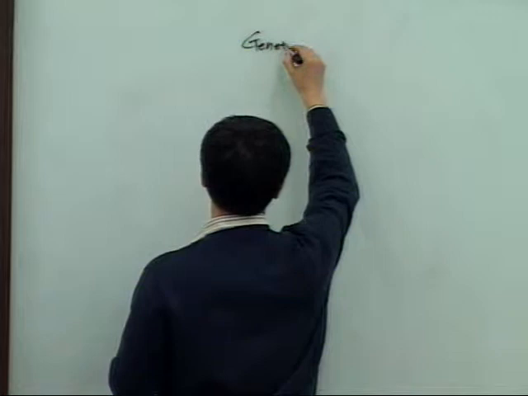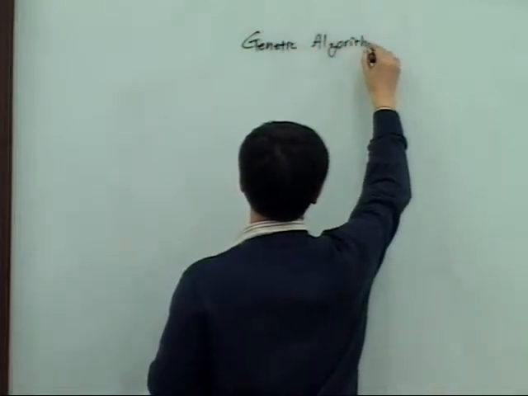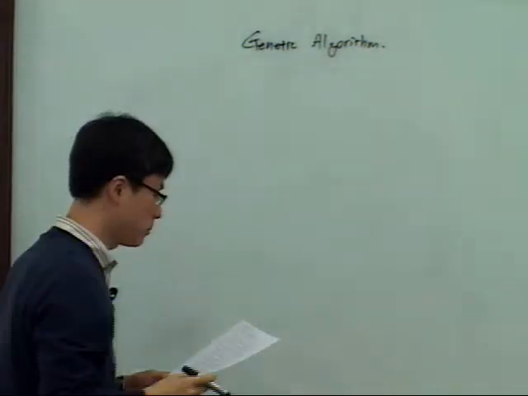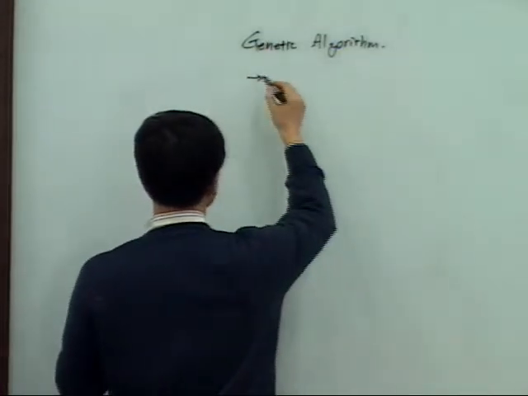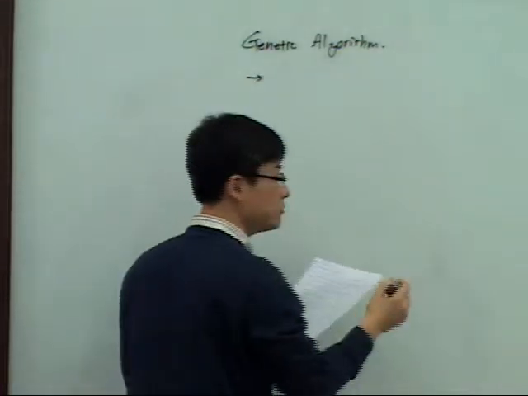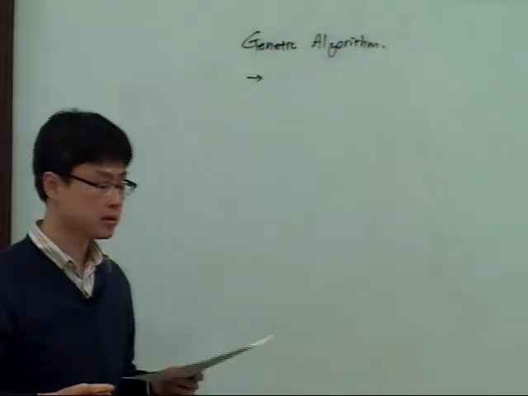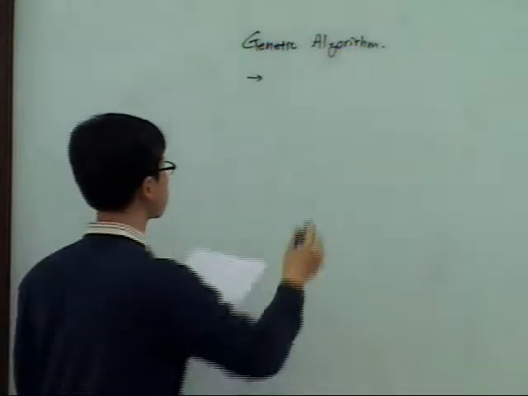Genetic algorithm. This is the kind of backbone of a plan. For example, we are maximizing or minimizing some kind of fitness function, objective function.